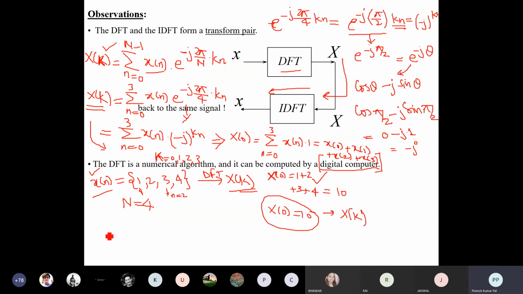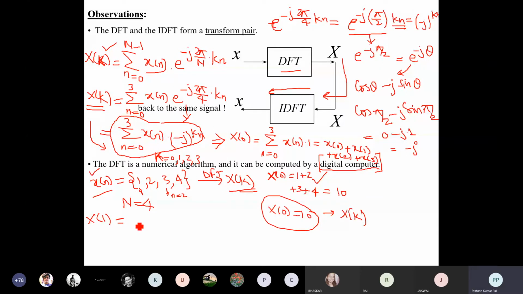Similarly, we will find capital X of 1 by putting k equals 1 in this expression. Okay, so this is the expression. In this expression we will be putting k equals 1 and again find the value of this summation, and that will be equal to X of 1.